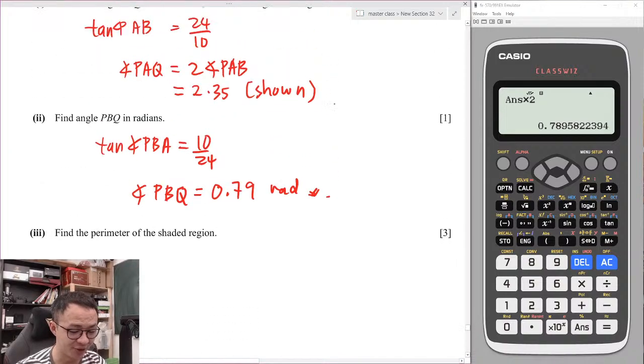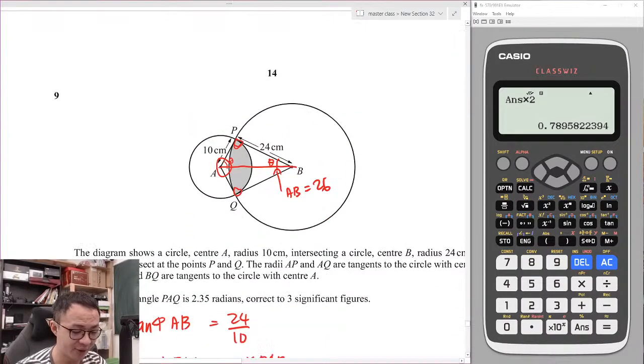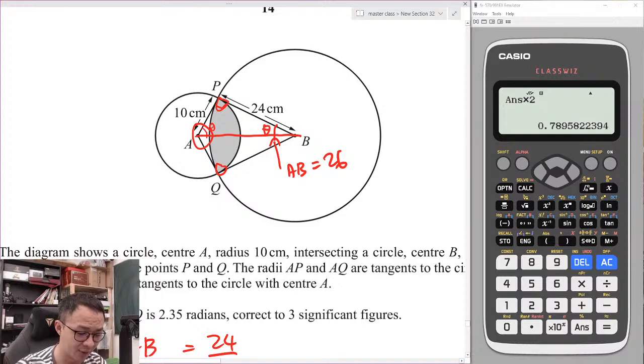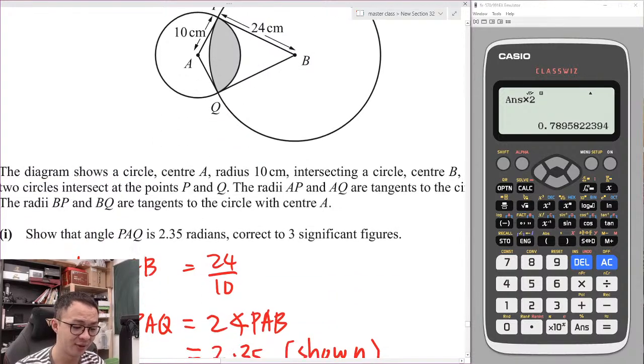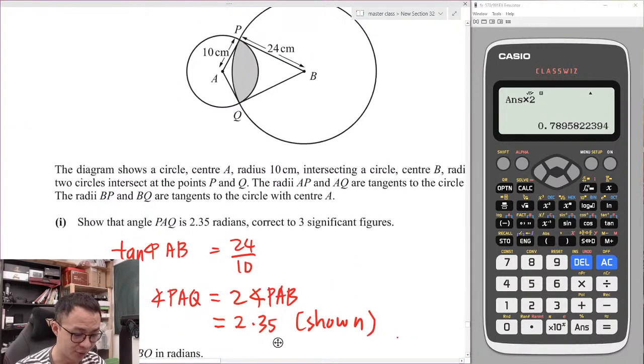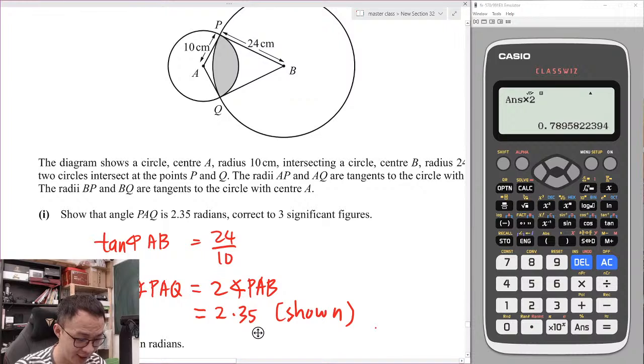Find the perimeter of the shaded region. So we have an arc length plus another arc length. We have the angle A here. So perimeter equals r theta.